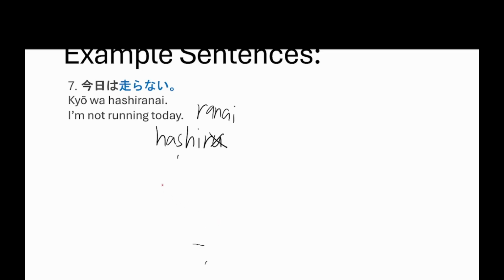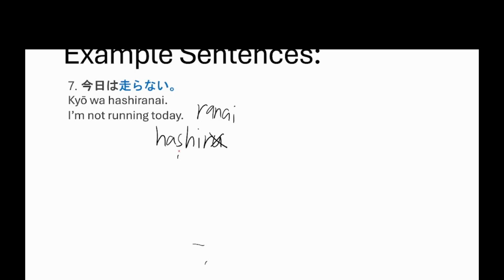Okay, so the next sentence is Kyo wa hashiranai. I'm not running today. And this is the plain present negative form of the verb hashiru. To transform the Godan verb hashiru into the plain present negative, we replace the ru with ranai.